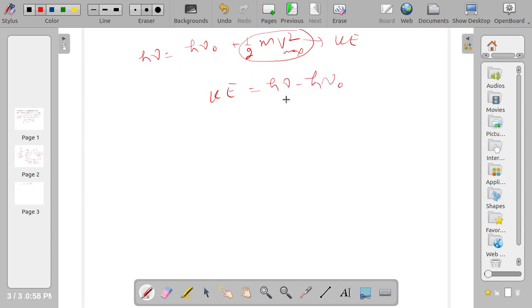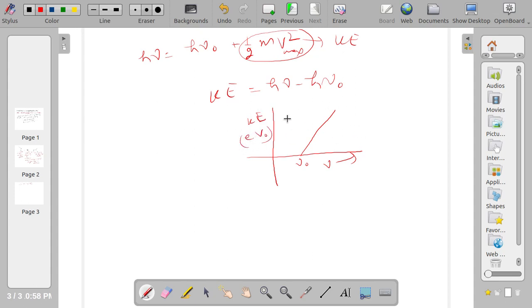This equation can be rewritten in this form. And because it looks like a straight line equation, if we try to plot it, it is nu on the x-axis and kinetic energy, or we call it e V naught, on the y-axis.